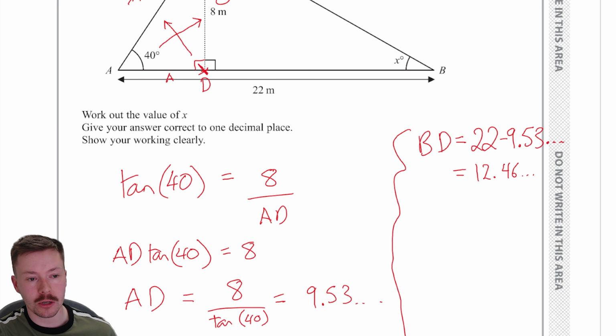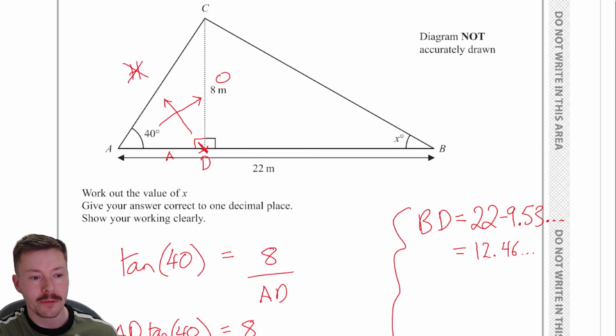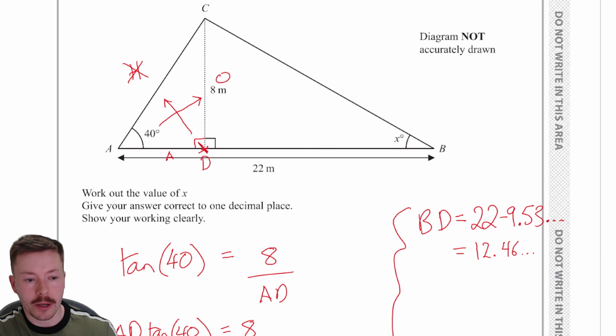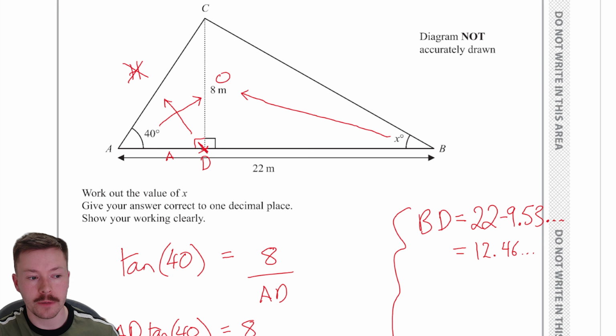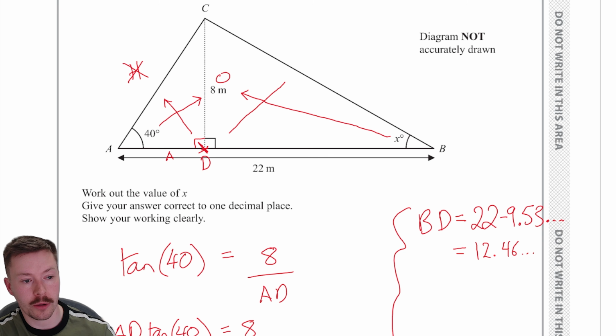Now to find the angle from there, I now need to consider, if I scroll up again, the triangle CBD. Okay, so I'm going to label the triangle again. So opposite this angle X is the 8, which is already labelled O, so that's fine. And then the hypotenuse is opposite the right angle, and then the adjacent is the final side.